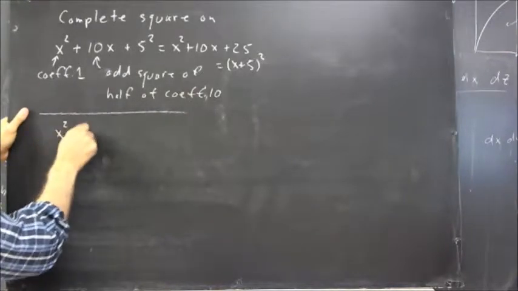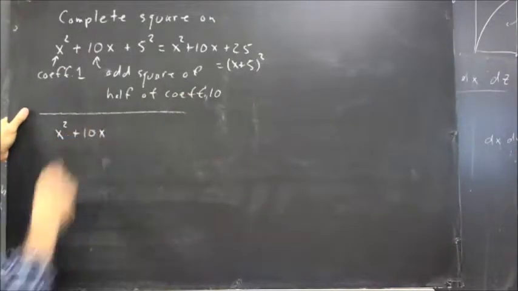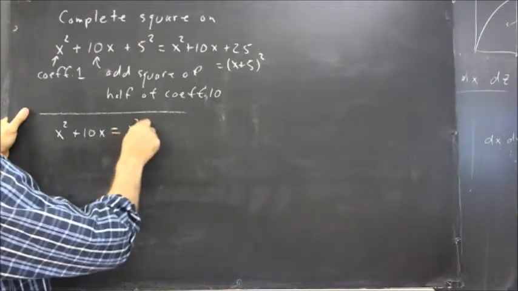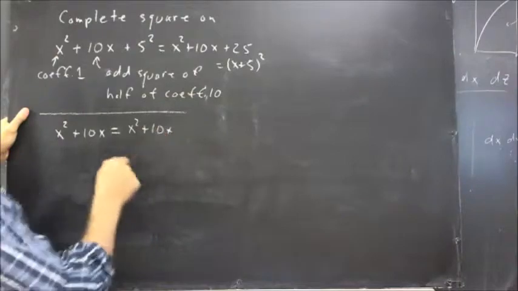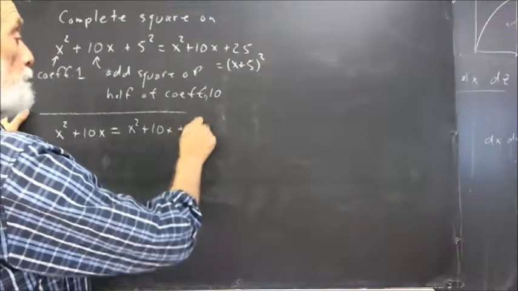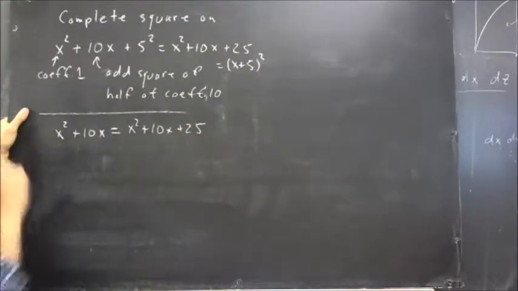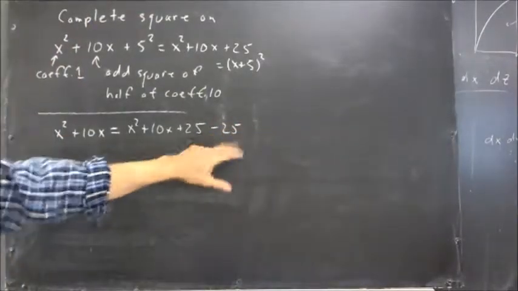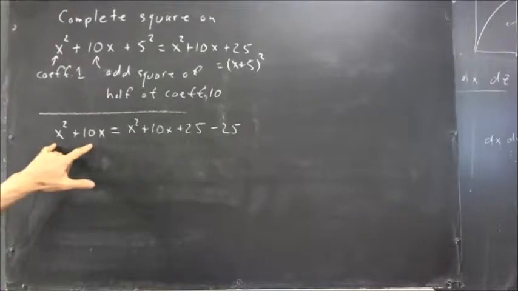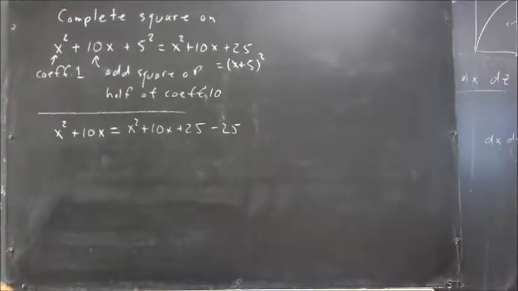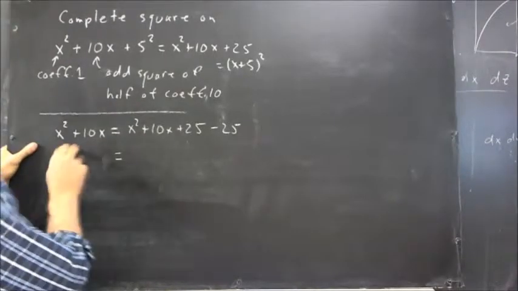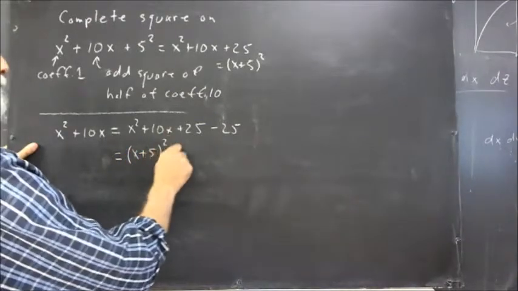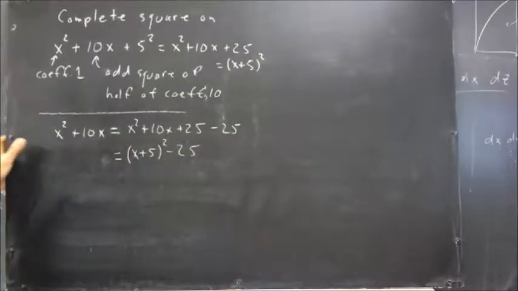Now, if we want to get an equivalent expression, x squared plus 10x equals x squared plus 10x. Sure. Now, if we add 25, this is no longer equal to this. But if we then subtract 25, well, 25 minus 25 is 0, so clearly this is equal to this. This then equals x plus 5 quantity squared minus 25.